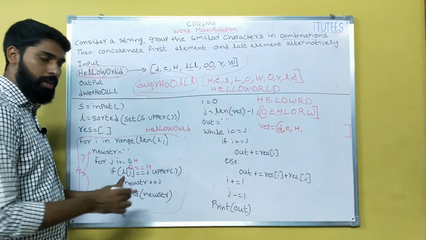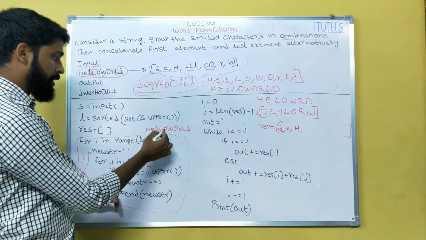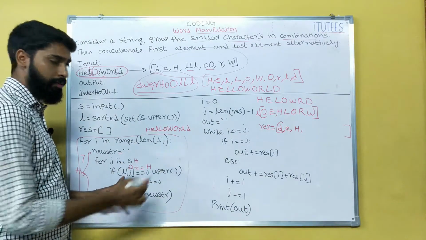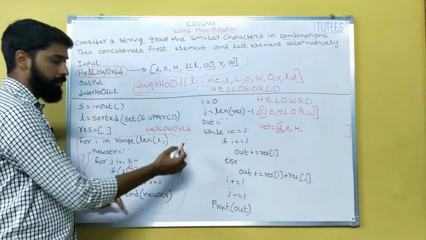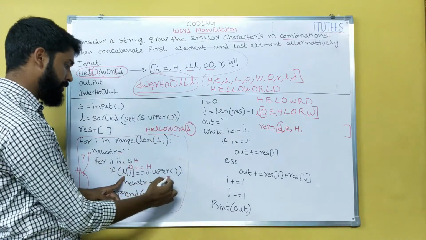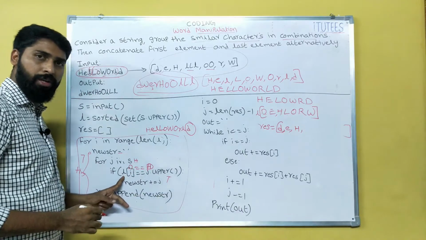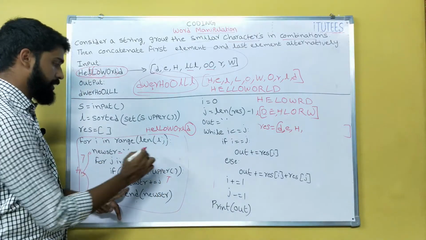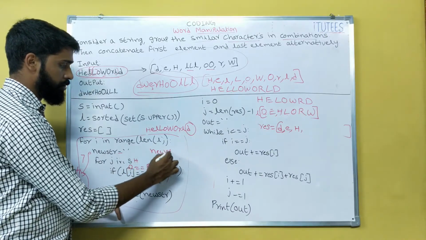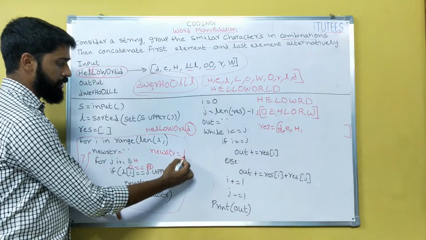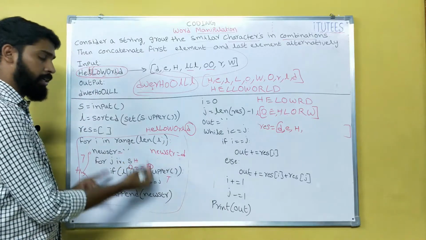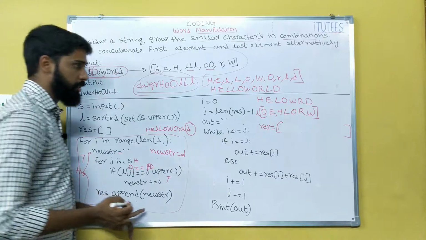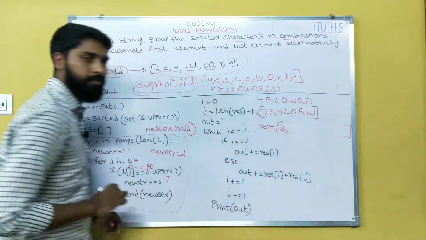D equals L, false, L false, O false, W false, O false, R false, L false. For this D, it becomes true. D equals D, so we append this D into new str. That means new str equals D, and the loop is over. So res dot append new str, that means the D is appended here.